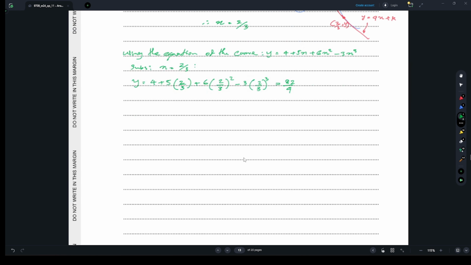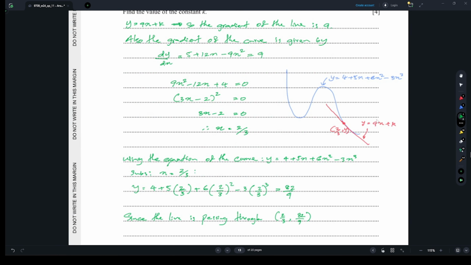Right, so we can now write, since the line is passing through this point, 2 over 3 and 82 over 9, we can substitute that into this equation, y equals 9x plus k.